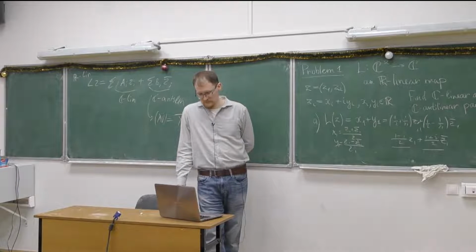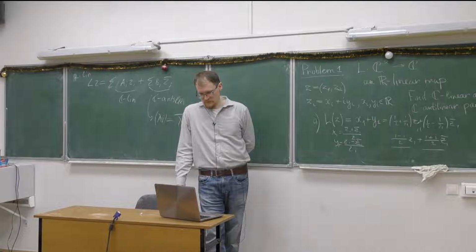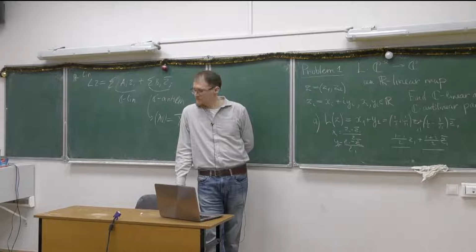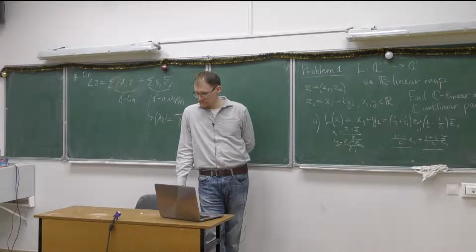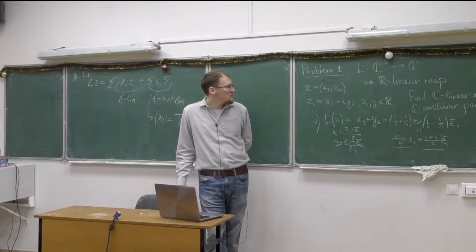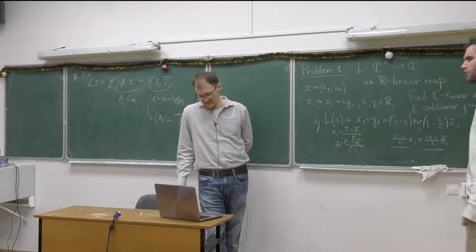But suppose that it is not only R linear, but it sends everything to real numbers. Is it true that under this assumption, the C linear and C antilinear parts can be obtained one from the other by complex conjugation? It sounds legit, but I guess I need to check it. Can you just check it?